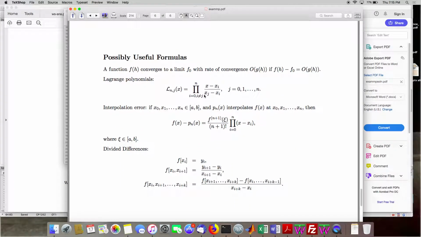If I were to describe this in words, your numerator is always x. If you want the Lagrange polynomial that's equal to 1 at a certain point, then you have x minus the other points divided by xj minus the other points. We have an example in the practice test, and there's also an example in the text on how you write out these Lagrange polynomials.